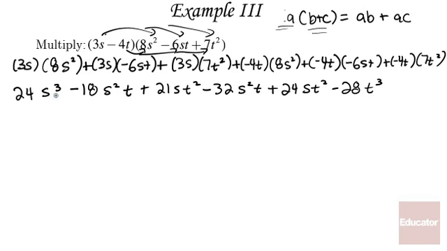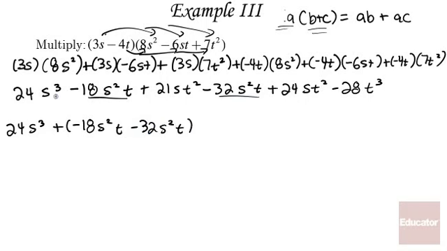Looking through, I have only one s cubed term, so that's just going to become 24s cubed. And I'm going to group like terms so I make sure that I don't miss anything. Next, I have a negative 18s squared t right here. So I look and I have another s squared t term. Okay, so I've taken care of this, this, and this.